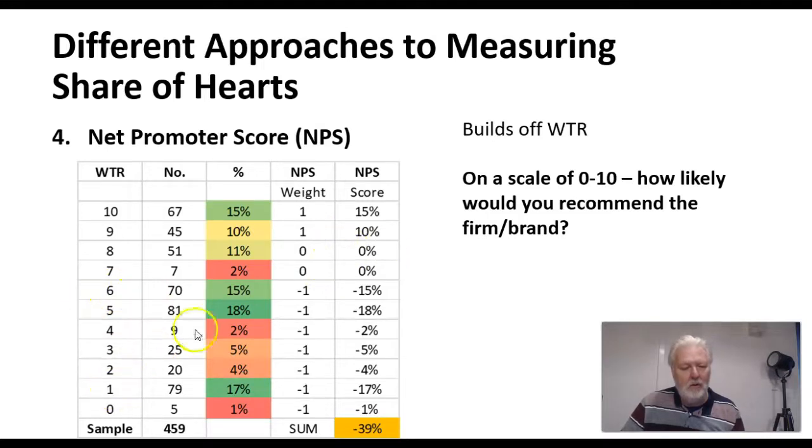And 6 and below is considered to be a negative influence and unlikely to recommend you or to discourage others. So they get a negative score. So 15 becomes minus 15, 18 becomes minus 18, and we just add those up. In this case, it's a negative score, which is not good.